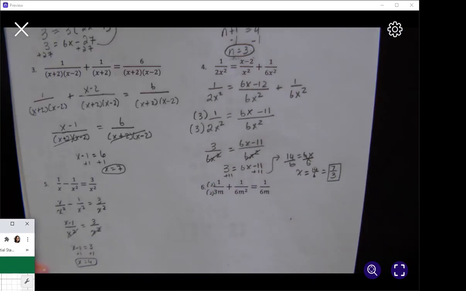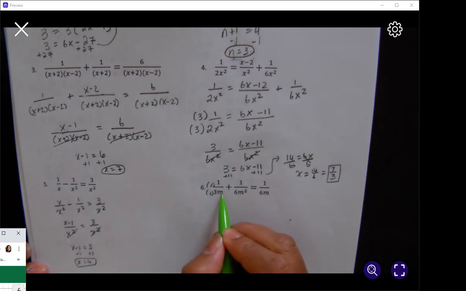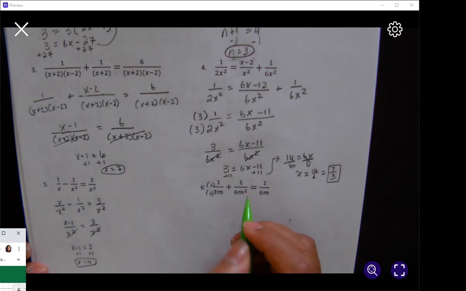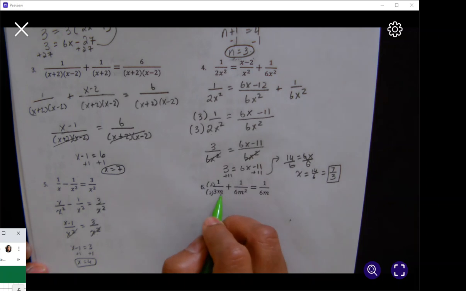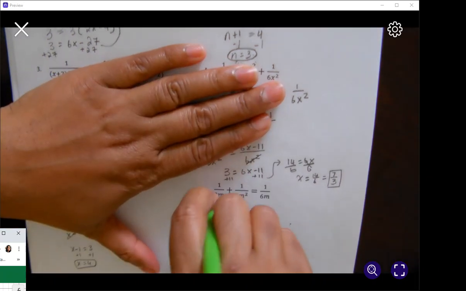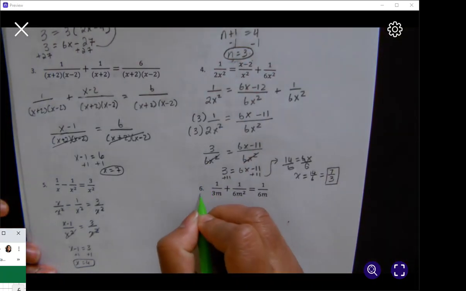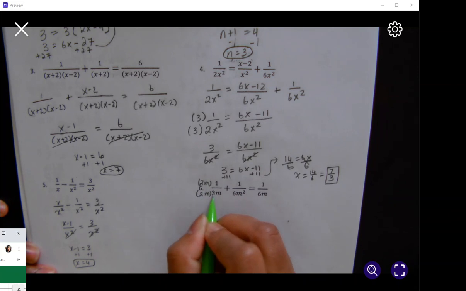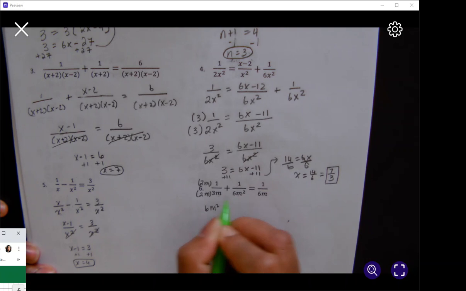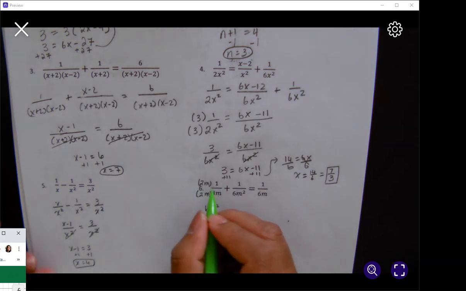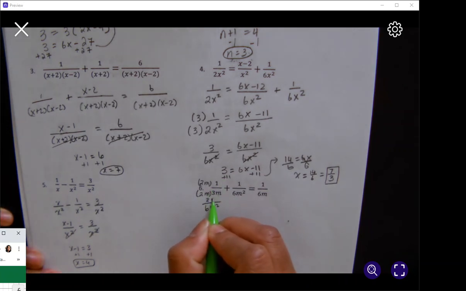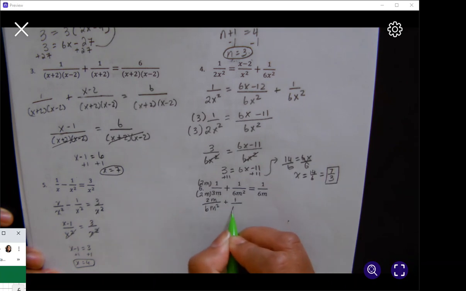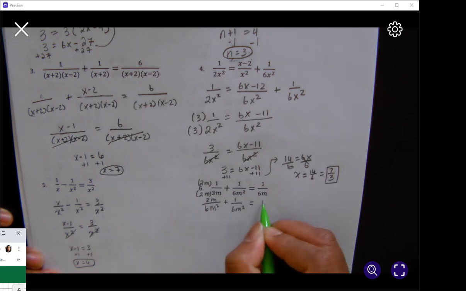And this one has 2 m's and this one only has 1 m, so I'm going to make this into 2m, so that if I do 2 times 3, I get 6. M times m, I get m squared, which is what I wanted. So 2m plus times 1 is 2m. And then you have 1 over 6m squared.